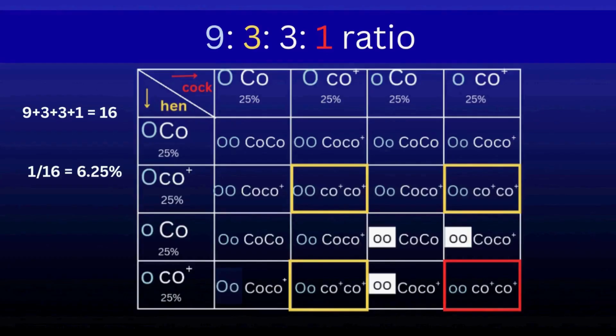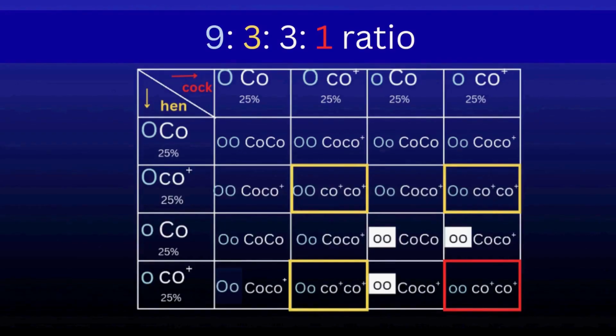The chance of chicks exhibiting one particular dominant characteristic with the other recessive characteristic is just 3/16, which is 18.75%, with a 3/16 chance of exhibiting the alternative dominant and recessive characteristics.